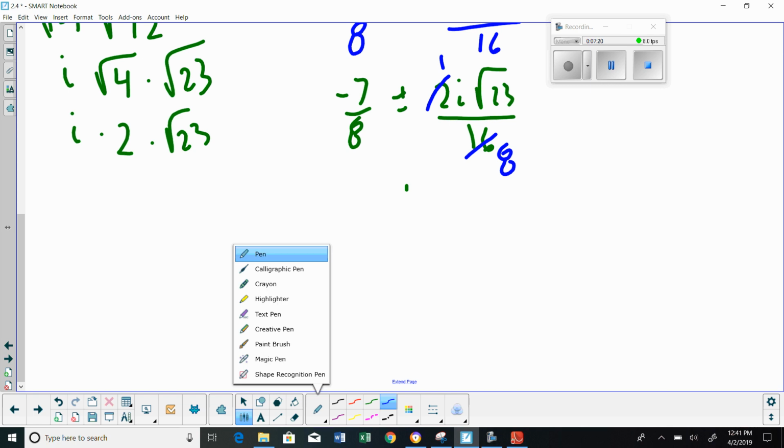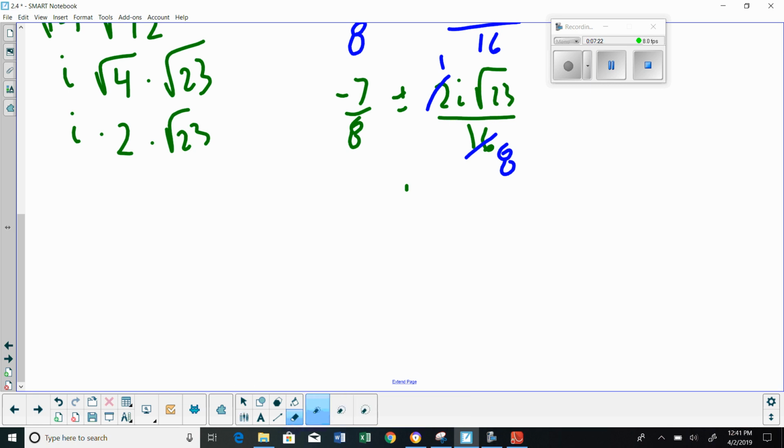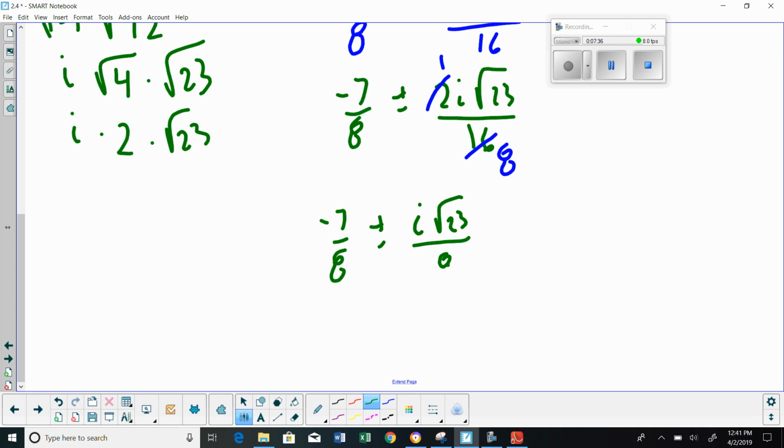Then going back here, our answer is negative 7/8 plus or minus i radical 23 over 8. So we do have 2 solutions to this quadratic equation, but they are imaginary solutions.